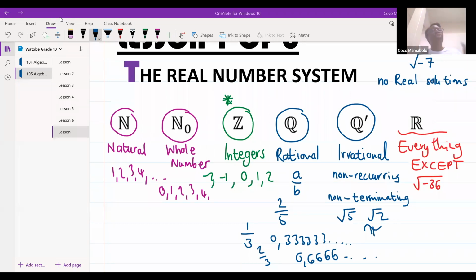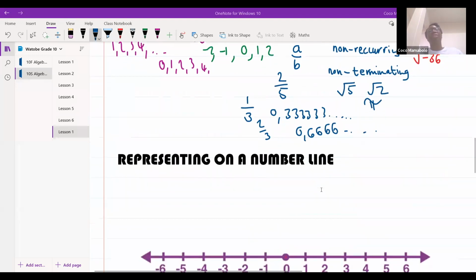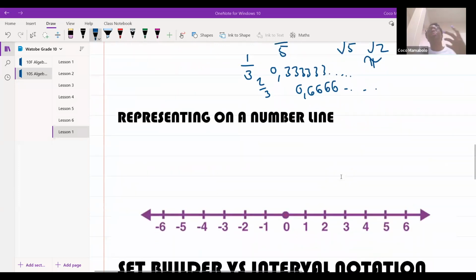We're actually going to get into what needs to happen now. We're going to start representing these on a number line, but we're not going to be representing everything like natural and whole numbers. We're going to be looking at two distinct ones. We're first going to be looking at integers, how to represent them on a number line, and then we're going to look at real numbers.